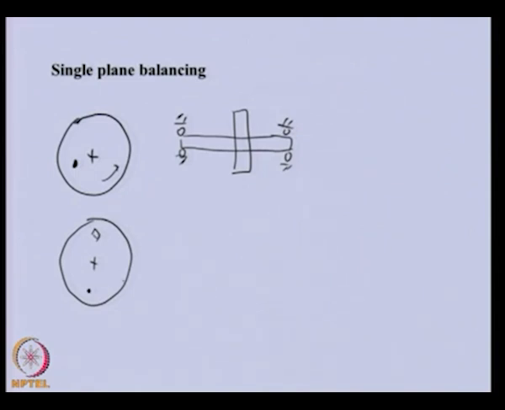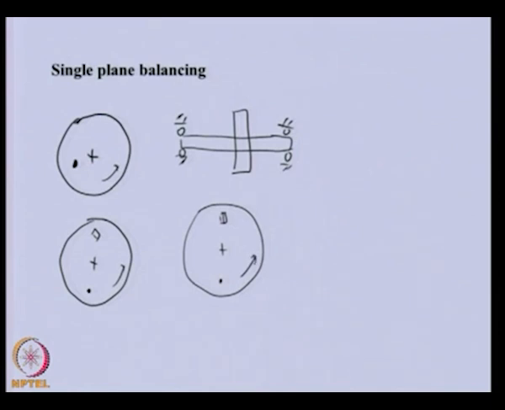Once we have put it, if we again rotate this and it comes to the same configuration after it stops, that means whatever correction mass we kept is not sufficient. We need to add some more mass in that particular part.